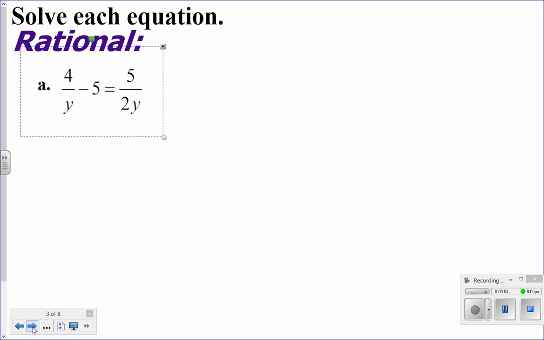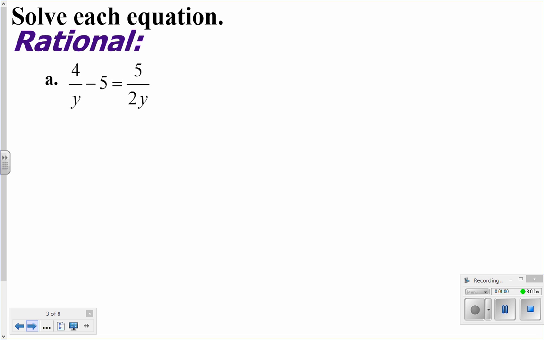First example is solving this rational equation. My first strategy on this one is I want to get common denominators with my rational equations. Once I have common denominators, I can combine like terms, divide them out, multiply things out, and such like that. So I'm going to deal with the left side here first, and I want to get 5 with the same denominator over here.